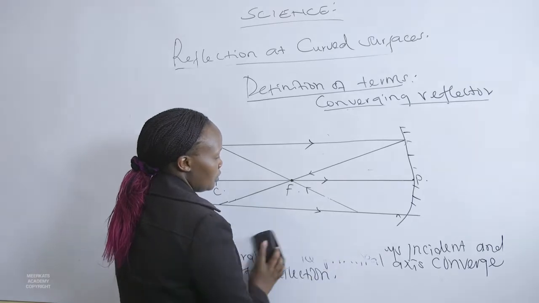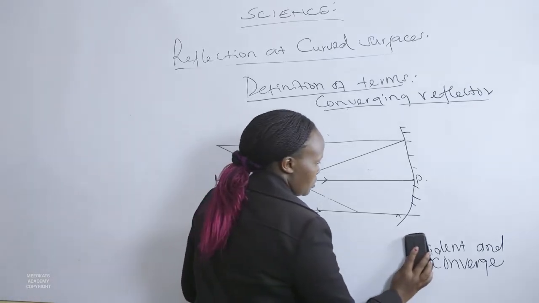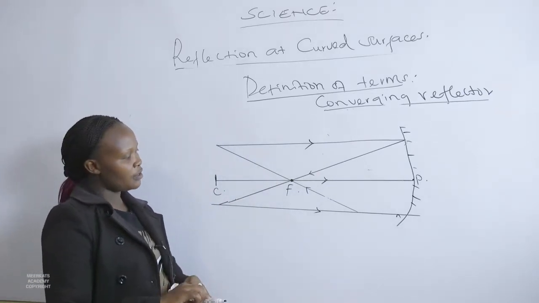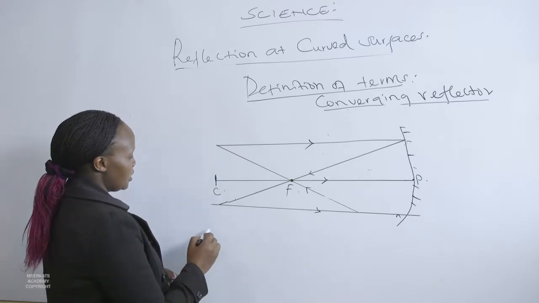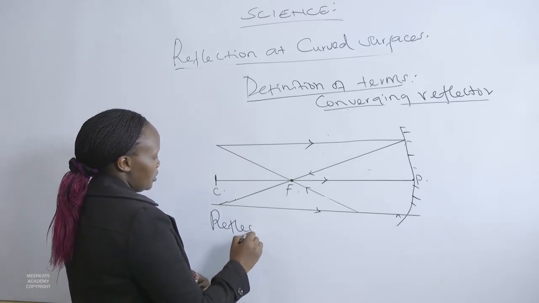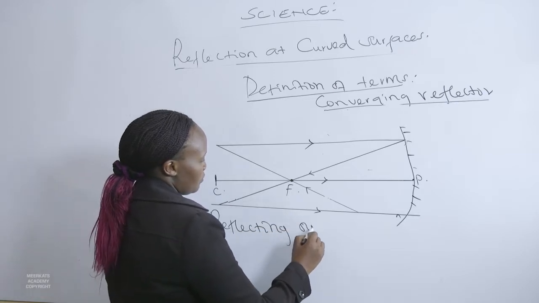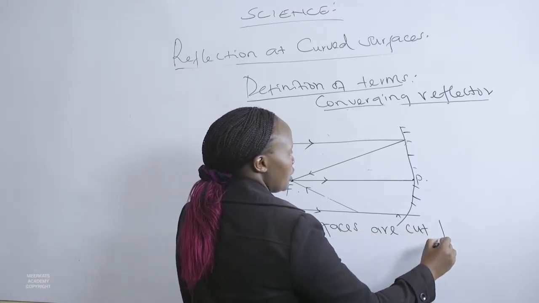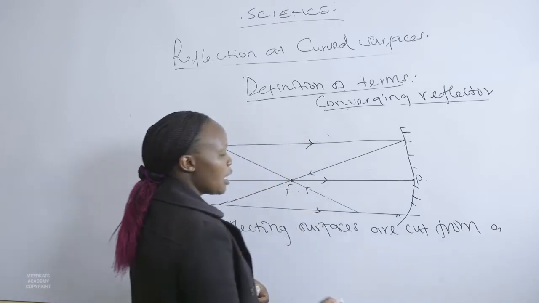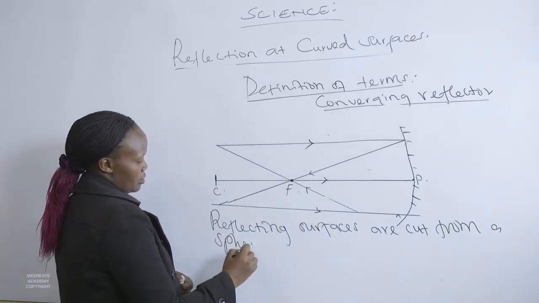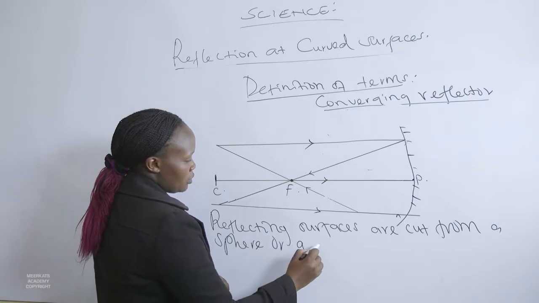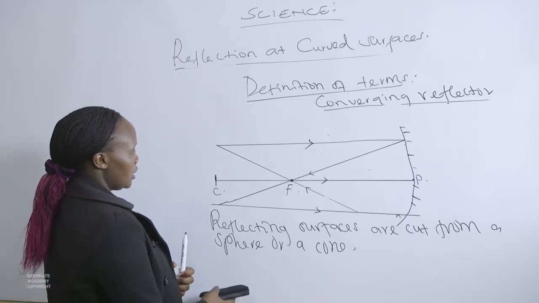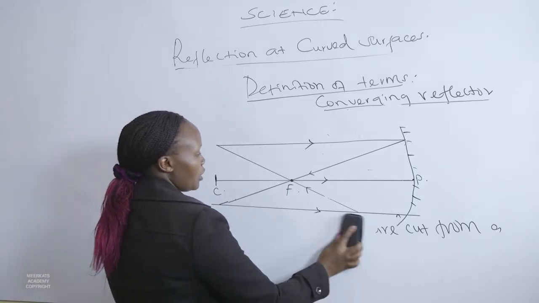Now, it's worth noting that all our reflecting surfaces are cut from a sphere or a cone.